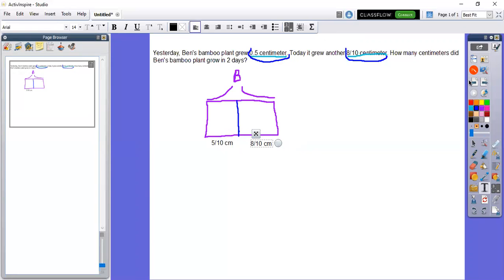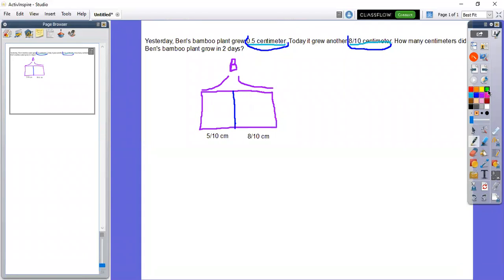So now, think about what we'd have to do in order to find how much it grew in both days. Think in your head for a minute. So to figure out how much it grew in both days, we would have to add these together.